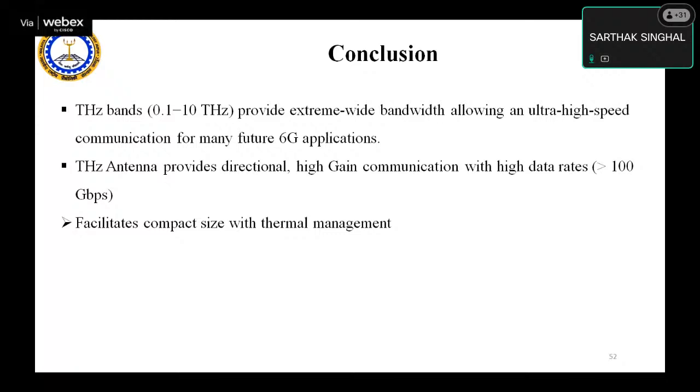Because right now we can analyze the structures in a theoretical and mathematical way, but the practical conditions will be quite different. So there will be higher losses, higher environmental effects on the impedance matching, fabrication issues.